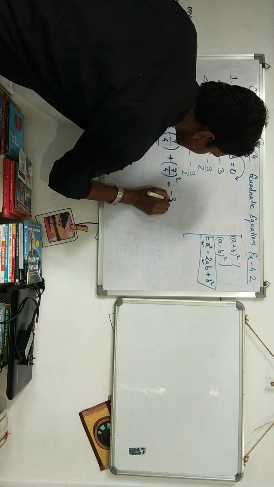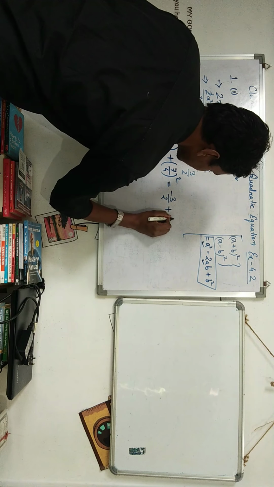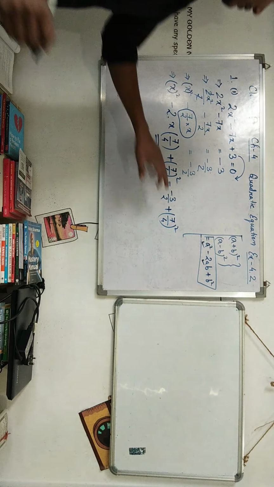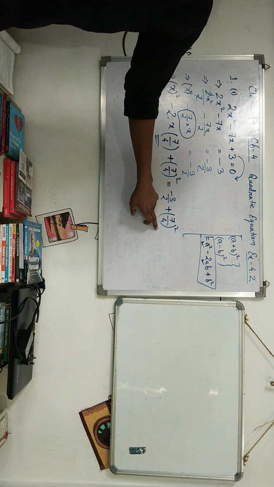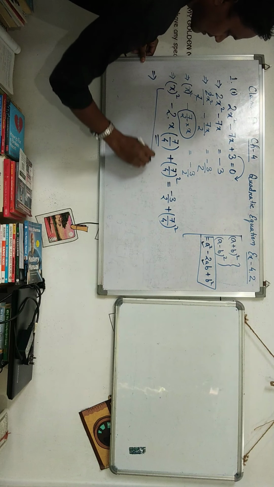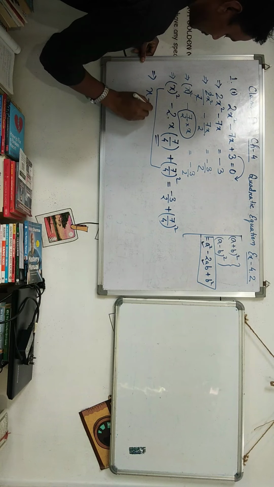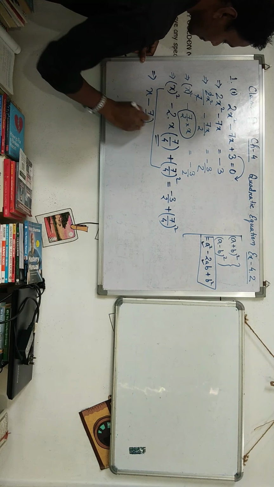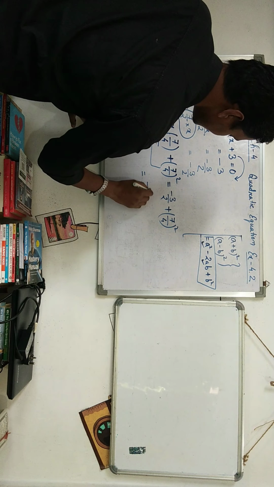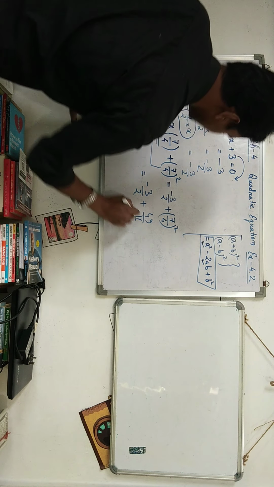Now minus 3 by 2, this is written by myself, so I'll add on that side also. Make sure about that. Now I can use the identity. In this case, I can use the identity, that is (x minus 7 by 4) whole square is equal to minus 3 by 2 plus 49 by 16.